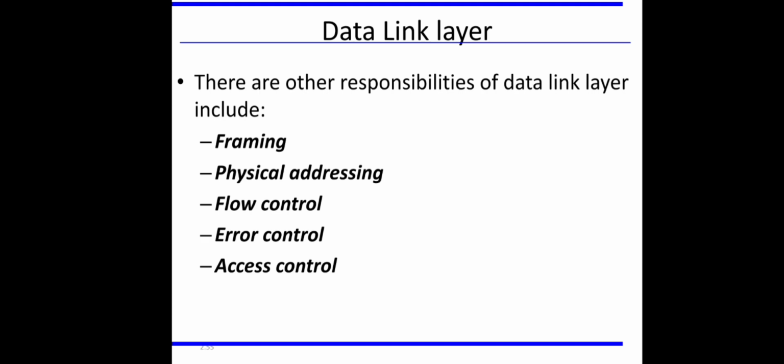Otherwise, collisions will occur, that is, multiple nodes try to send data at the same time over the shared medium. Collisions can definitely happen, so they should be avoided or handled. Some media access control mechanism should be there. That is also done by the data link layer using protocols like Aloha. We can see that later.